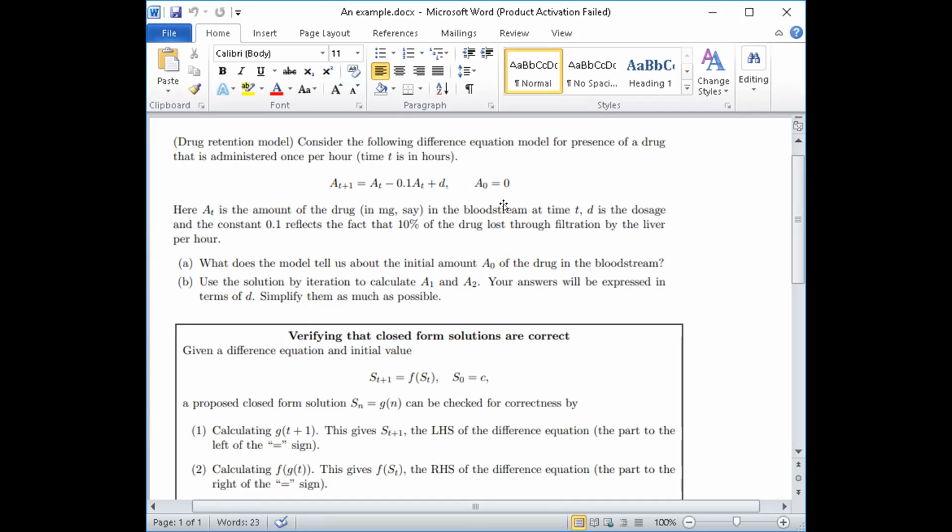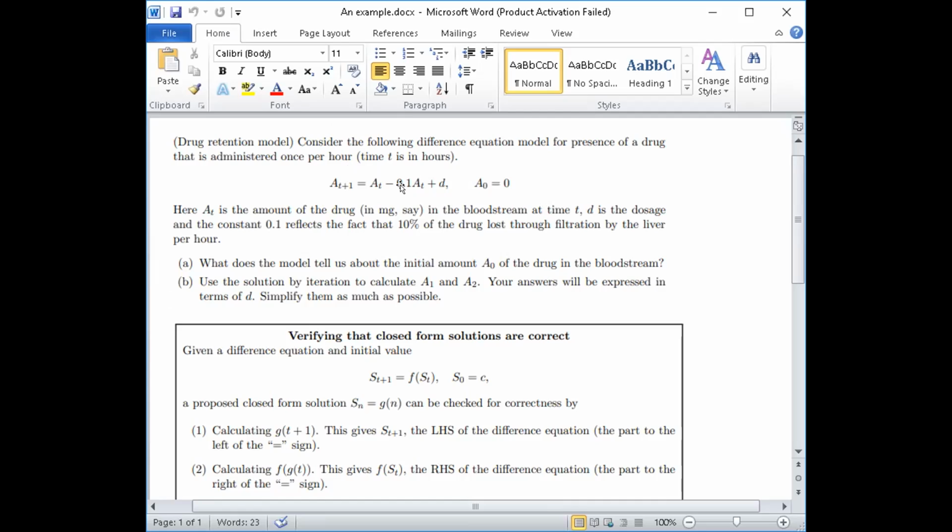After 1 hour, you have some amount of drug in your bloodstream. So you keep getting that drug. Now we measure the amount of drug in your bloodstream. So this is the relation, right? So A_{t+1} is equal to this one here.